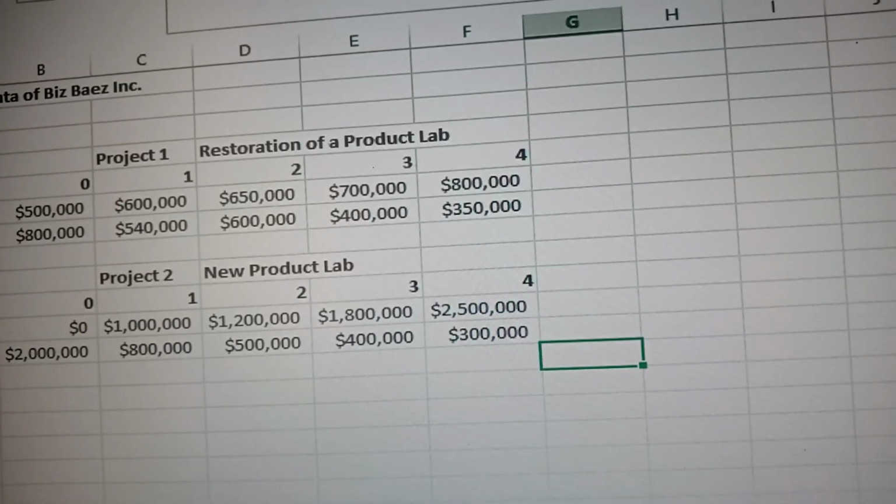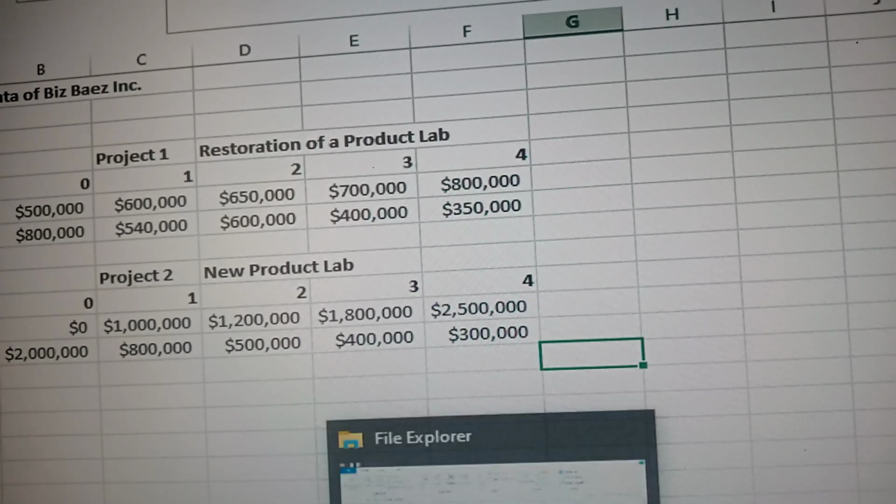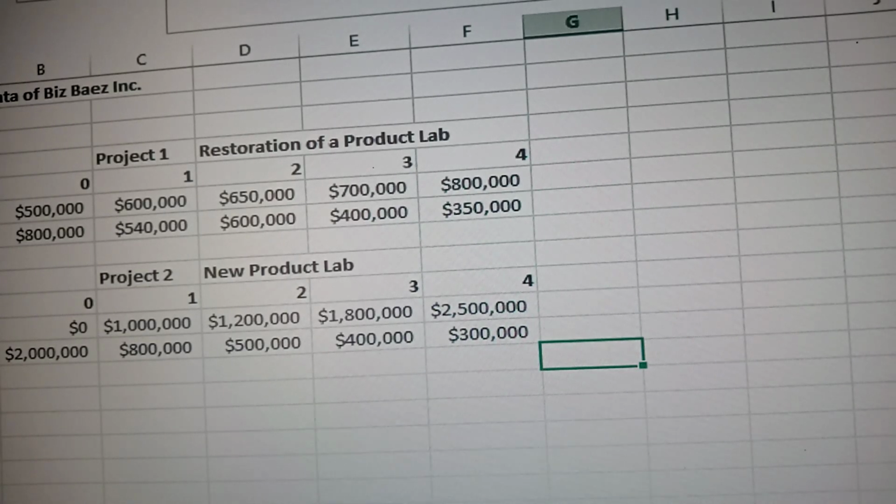So let's turn to a problem I have in front of me here. It's concerning Base Buy company that is faced with two decisions. They have two competing projects.